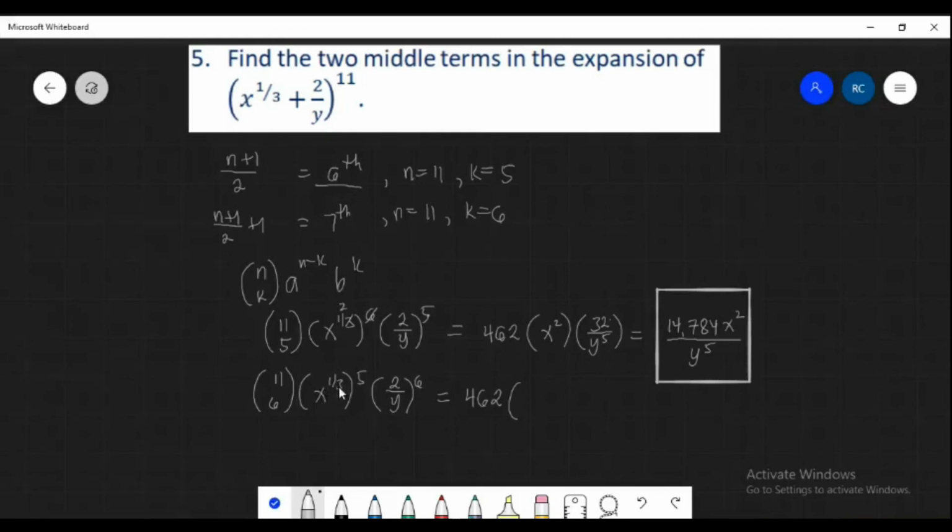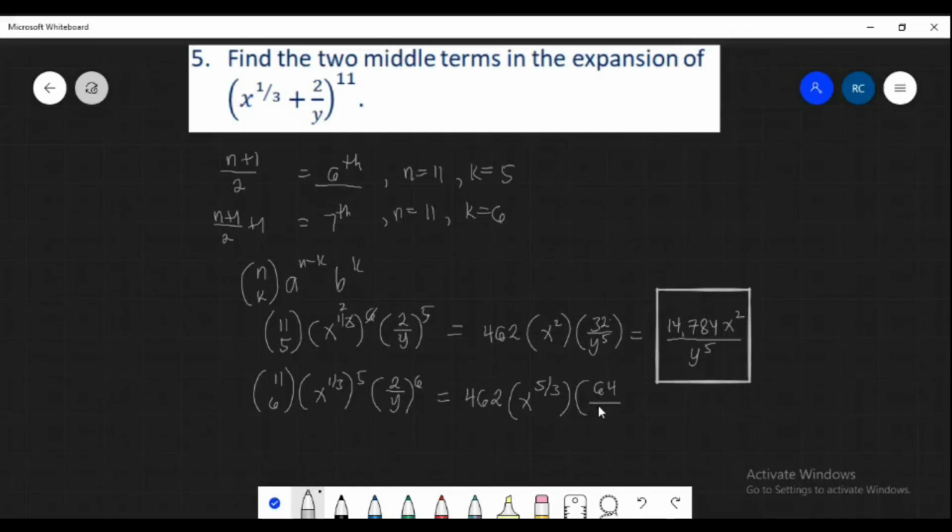Then, ito, 1/3 ng 5 ay cannot determine it as a whole number. So, all we have to do is multiply yung whole number with the numerator. That is 5/3. Okay? Kahit i-multiply nyo, guys, 1/3 times 5, ang sagot yan ay 5/3. Next, what is 2 raised to 6? 64. Okay, very good. It's 64.